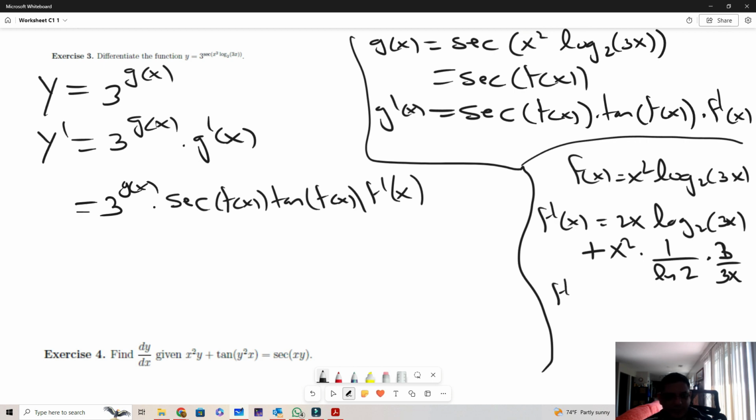So at the very end, f prime of x is just going to be 2x log base 2 of 3x plus, and then this x squared cancels with 1 x, this 3 with this 3, and so this is just going to be x over log of 2.